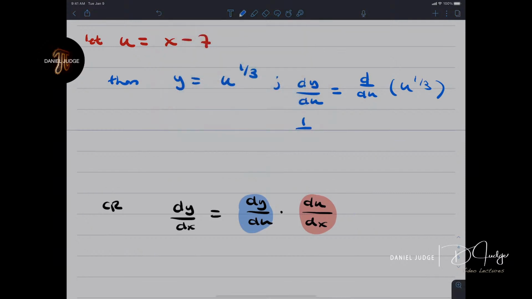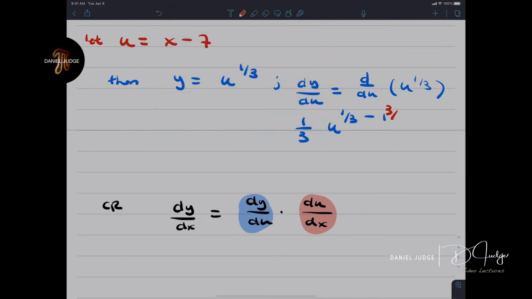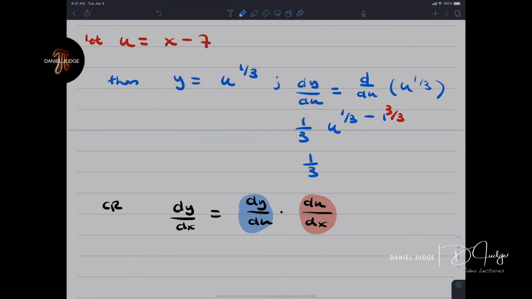By power rule, 1/3 u to the 1/3 minus 1, subtracting a fraction and subtracting a whole number. So this is 1/3 u to the minus 2/3.